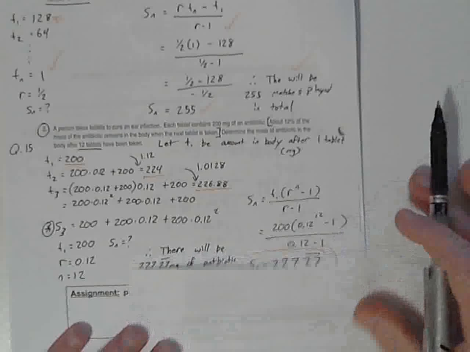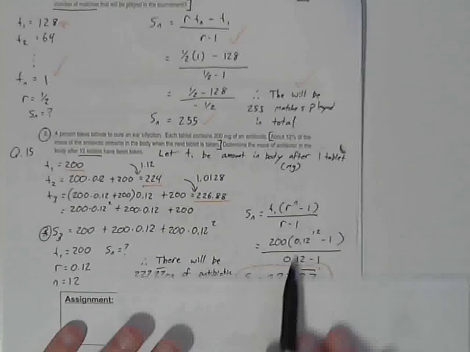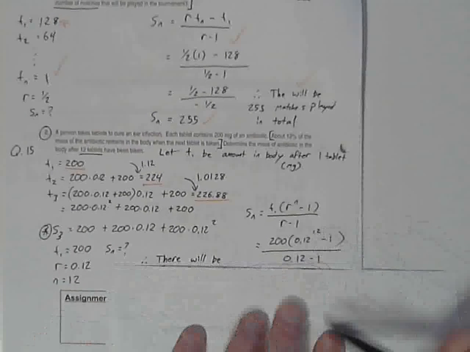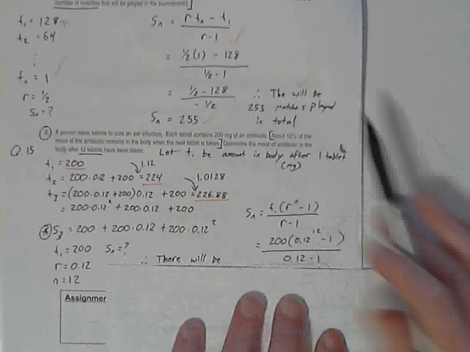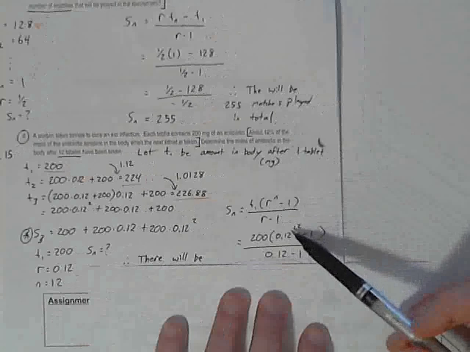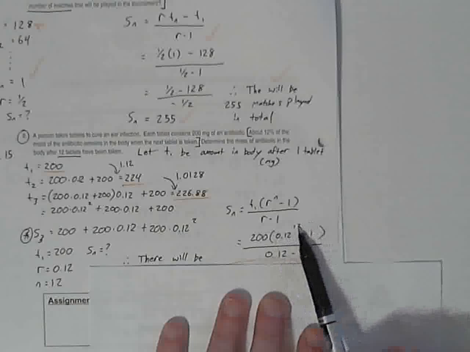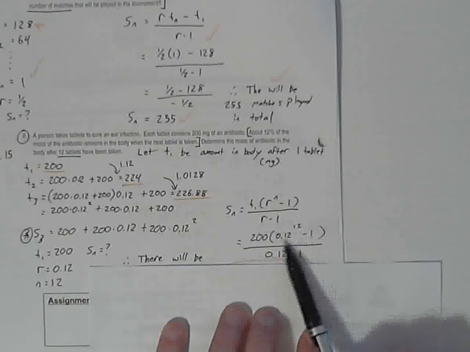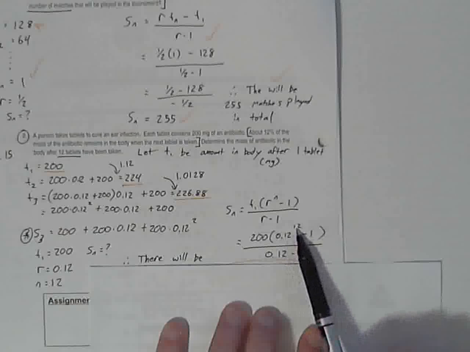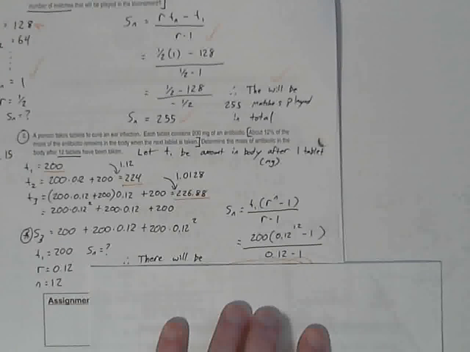Oh, I was actually having a lot of difficulty with this on the calculator. The difficulty was that I was doing it in multiple steps. I did 0.12 to the power 12, which ended up being an incredibly small number, something like 8 point something times 10 to the power negative 21. Really, really small number.